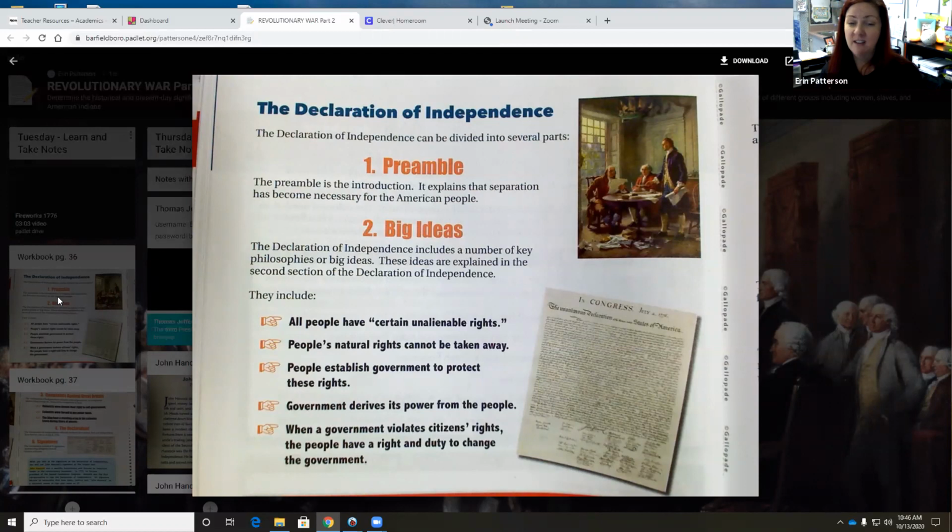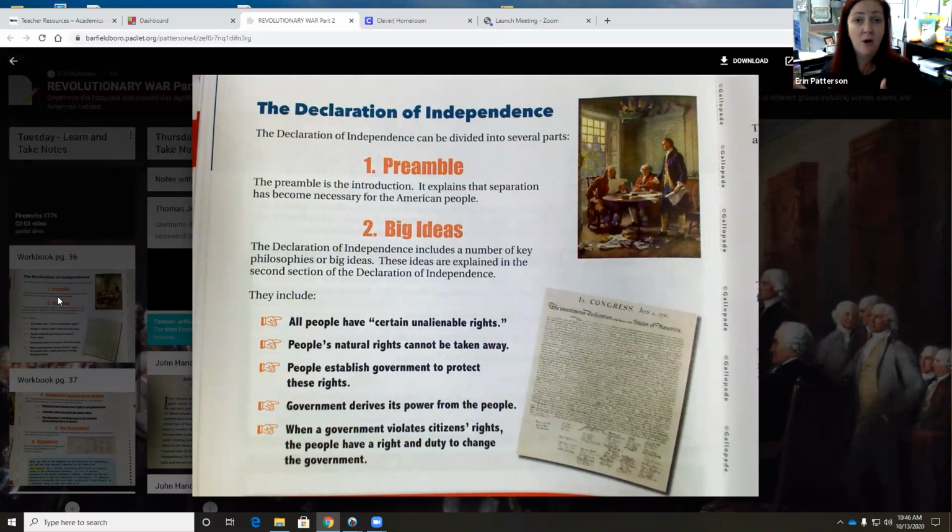When a government violates citizens' rights, that means when they take away their rights, don't treat them like human beings, then people have the right and the duty to change the government, meaning that us as American citizens, this is why we vote, this is why we protest, this is why we make our voices heard when we feel like the government is not upholding humans' natural rights.